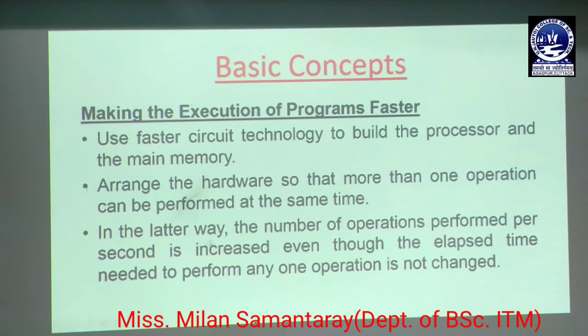Then in the latter way, the number of operations performed per second is increased even though the elapsed time needed to perform any one operation is not changed. That means by using this technique we can perform more operations within a unit of time, but the elapsed time of the operations is the same for all the operations, while the number of operations is increased.